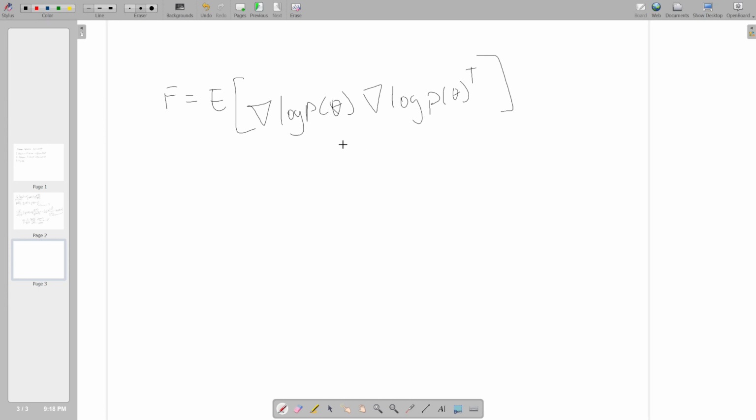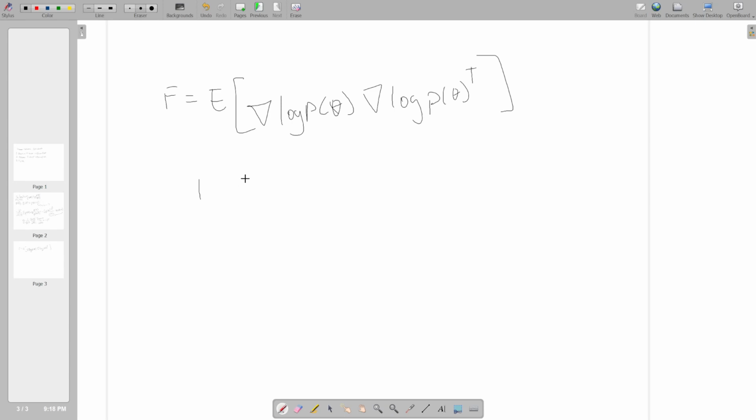So if we consider the expected value, this is at each position of theta, equivalent to the probability distribution, p of theta, times this.